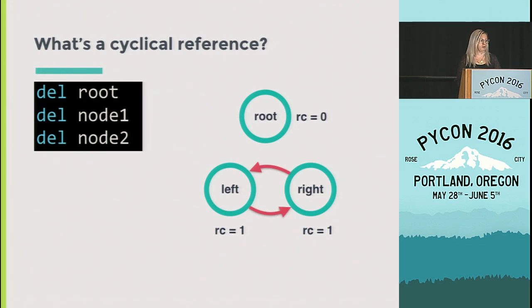What happens when we remove the names as references to these nodes? Well, we remove the names, but the internal references, that next, is still there. So the reference count of root is 0, but the reference count of left and right remains 1, because those two nodes refer to each other.